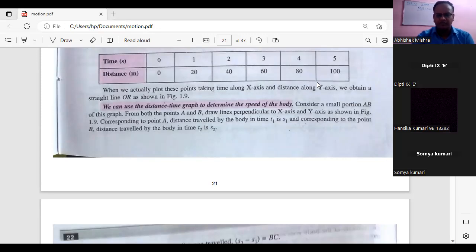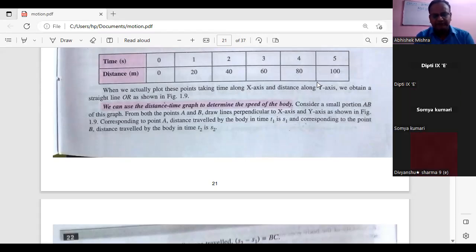I have given you the option. You can unmute yourself on your own. Unmute yourself, Gia. Okay, I think not audible. Okay, Divyanshu.